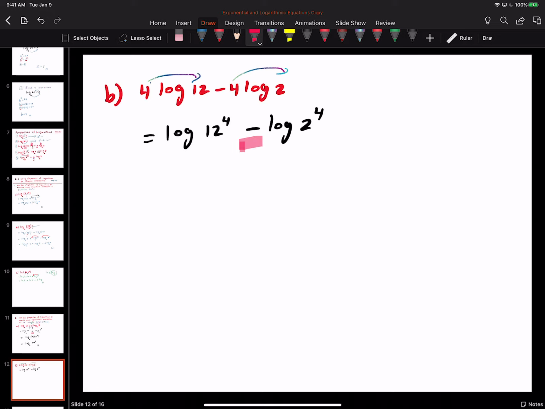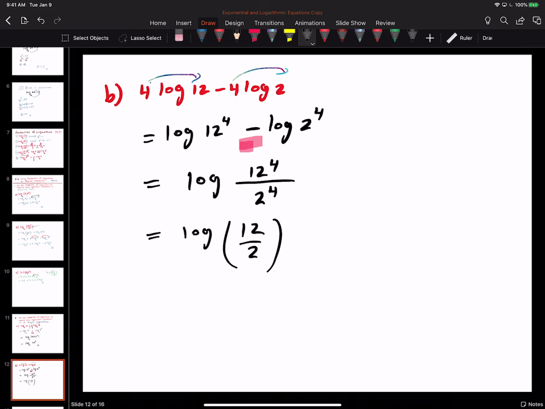This is a subtraction, and that comes from the quotient rule, and we write this as log of 12 to the power 4 over 2 to the power 4, which is the same thing as log of 12 over 2, and we take the 4 back.